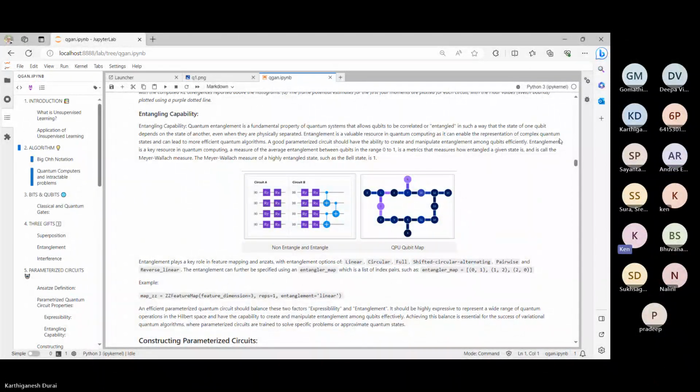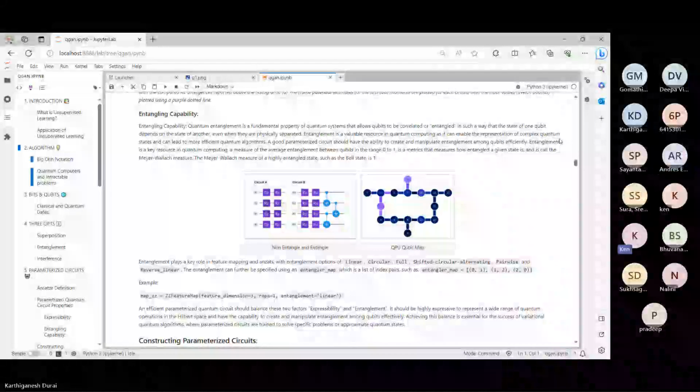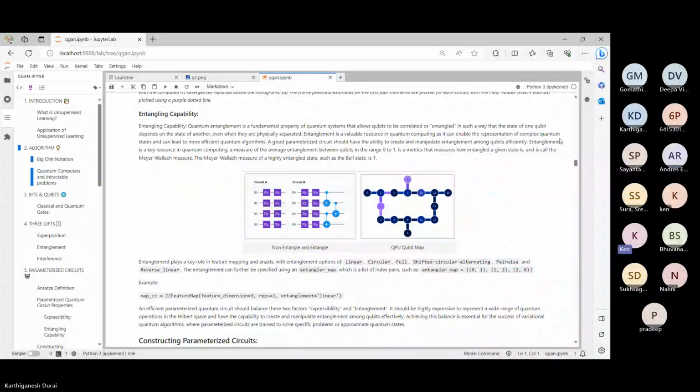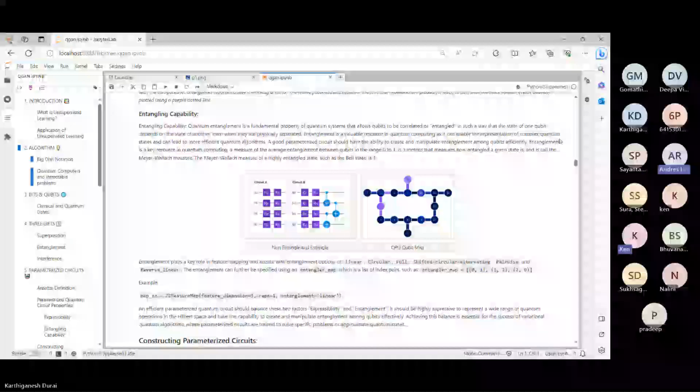So let's say we're close to a solution, but we're still some distance away, or we still need to reduce our cost, whatever it might be. Then we might try a different entanglement scheme. Instead of linear, we might try circular, and iterate through them to see which one provides us with the best results.